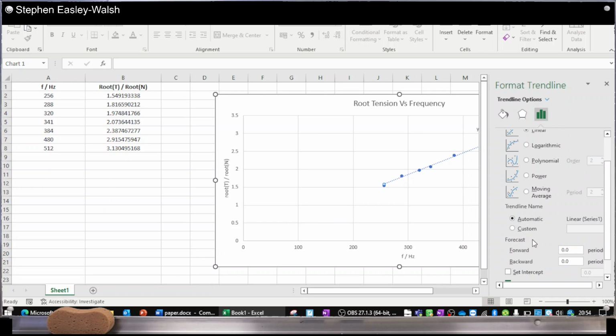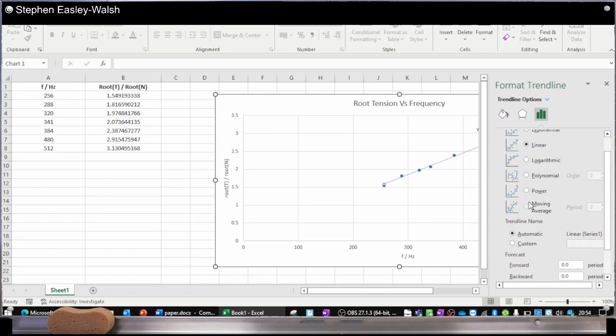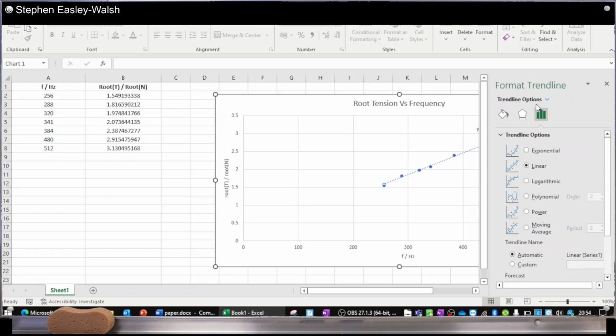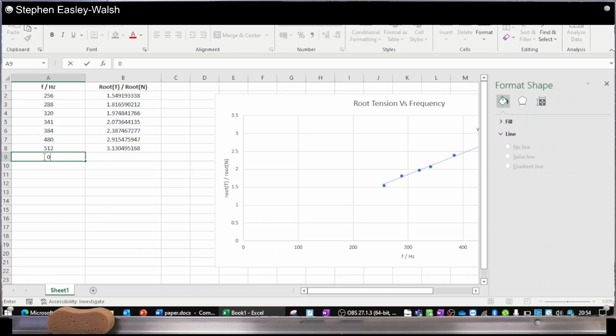So I do recall there being an option to force it through the origin, or I'm thinking of the other software, so I might have to cheat a little bit for Excel and add 0, 0 in perhaps.